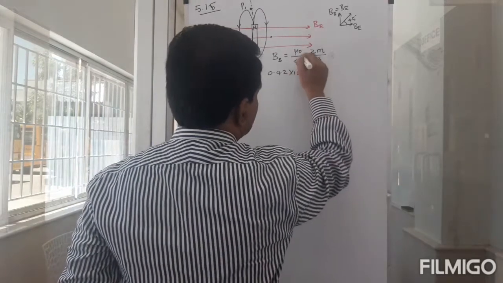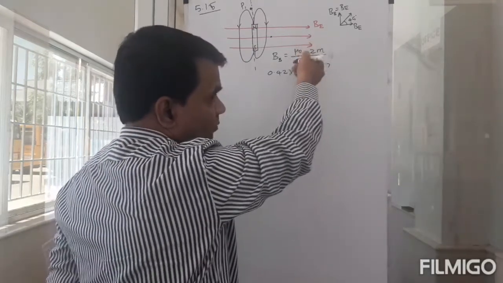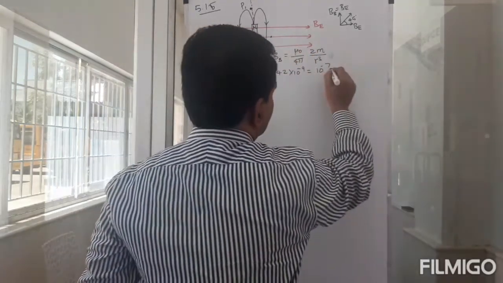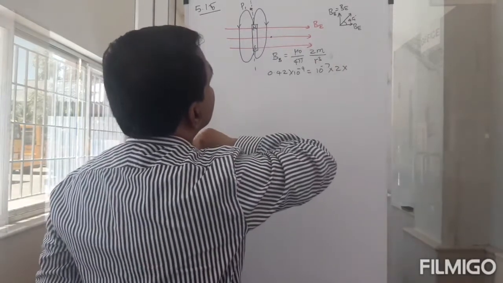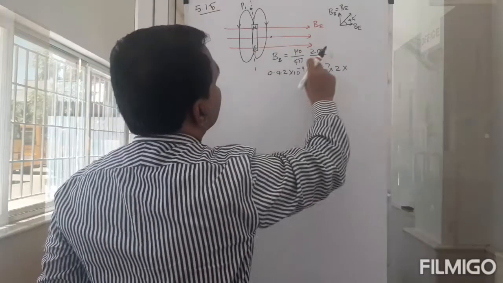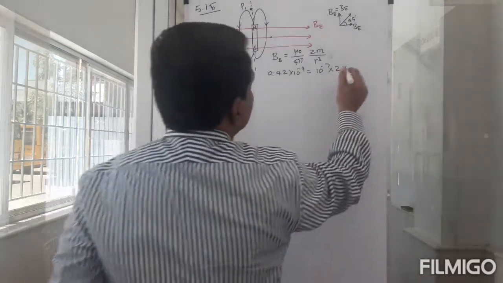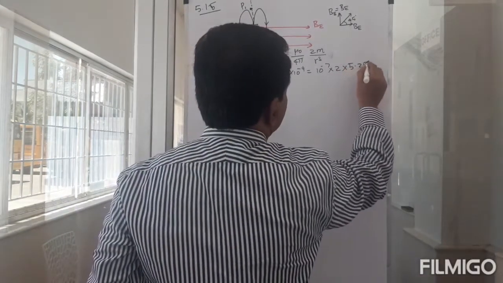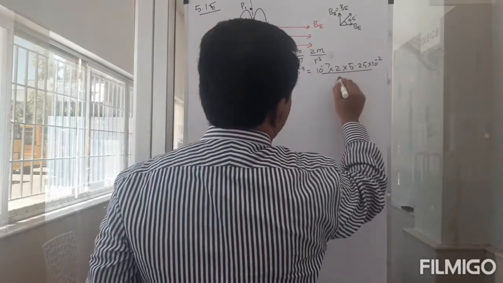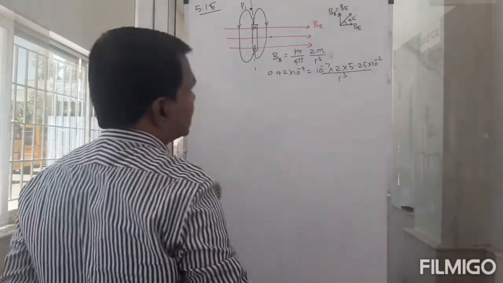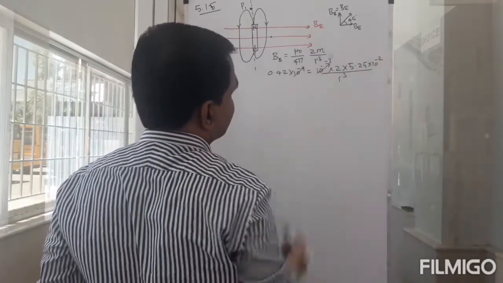So this will be mu naught by 4 pi. I will take it as 10 power minus 7, because 4 pi 10 power minus 7 divided by 4 pi will give you 10 power minus 7, and then you get 2 into, what is my m here? My m is given as 5.25 into 10 power minus 2. So that divided by r cube. Okay. So now this will be 10 power minus 3 and minus 5.